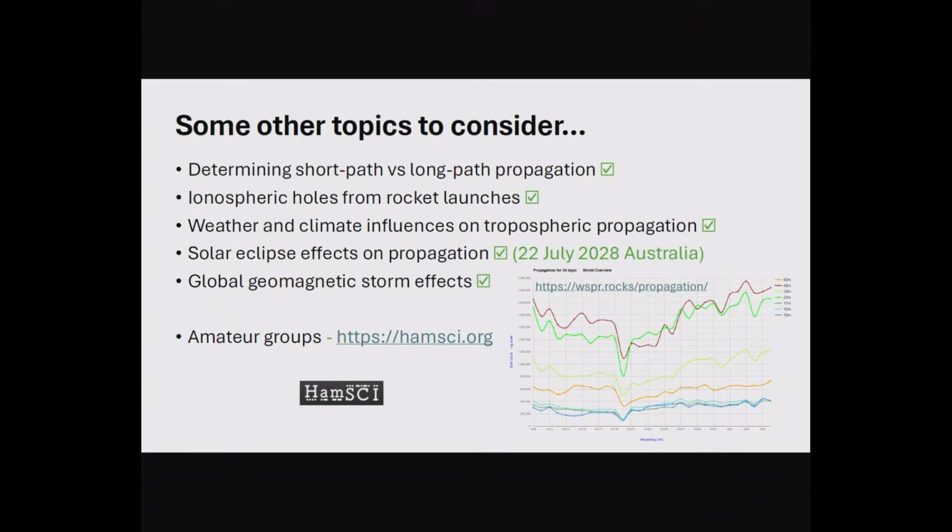I talked last year about the Space Lab experiment I was involved in, ionospheric holes, and I've had a bit of a look at ionospheric holes in the New Zealand region using WSPR from the Rocket Lab launches in the North Island.